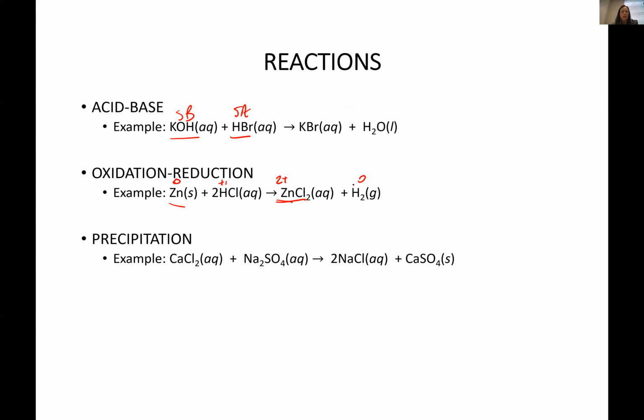A precipitation reaction, what you're looking for here, you have to know some solubility rules. So you see a solid that's formed when 2 aqueous solutions are mixed with each other. You do need to know that all group 1 cations, all of those salts are going to be soluble, and you should be able to use those to some extent on your exam.